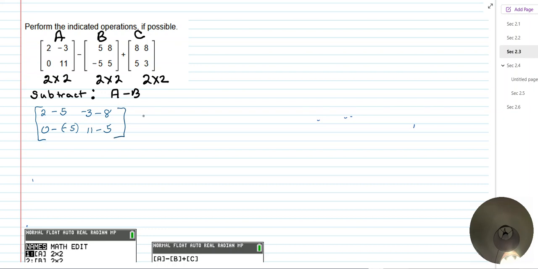And to that, we're going to add our matrix C. Okay, so I'm going to do this math. 2 minus 5 is a negative 3. Negative 3 minus 8 is a negative 11. 2 negatives make a positive, so 0 plus 5 is 5. And 11 minus 5 is a positive 6, to which we're going to add the last matrix C.